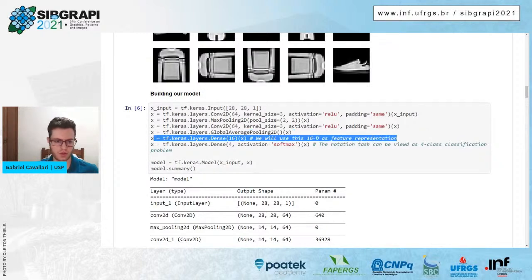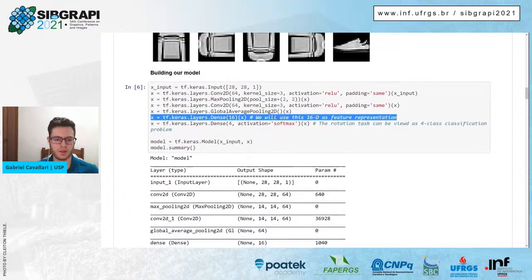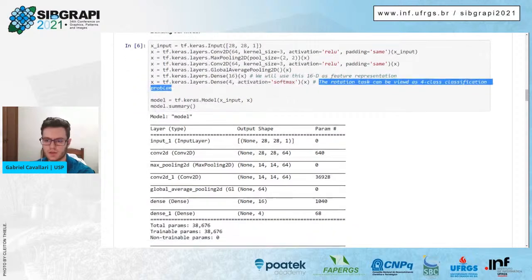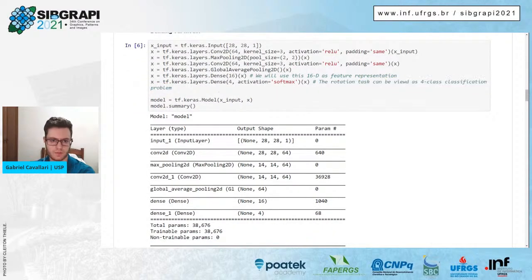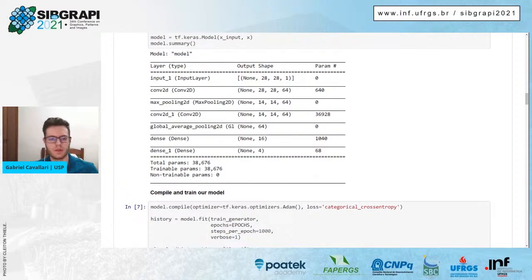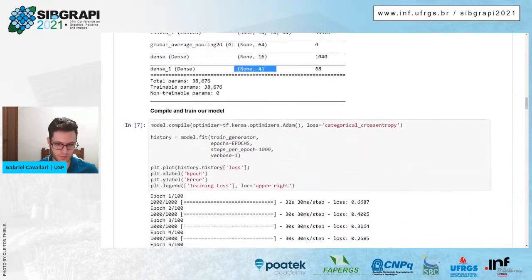So just keep in mind this layer here. And then the last layer, a softmax layer, has four units, because as we noted, the rotation task can be viewed as a four-class classification problem. So here is our model. The last layer has size 4, softmax.